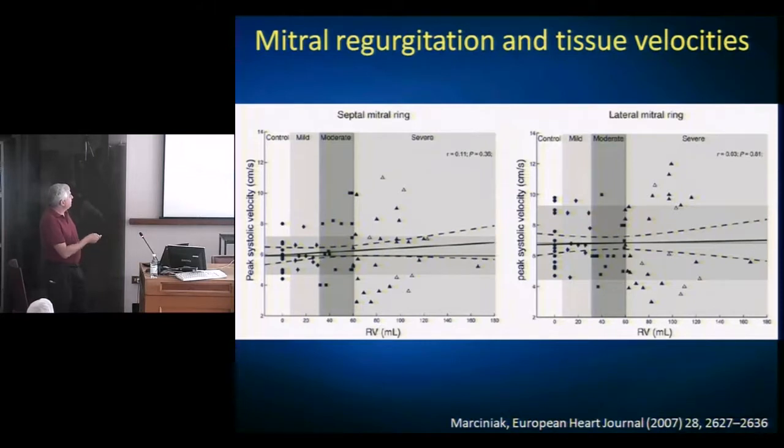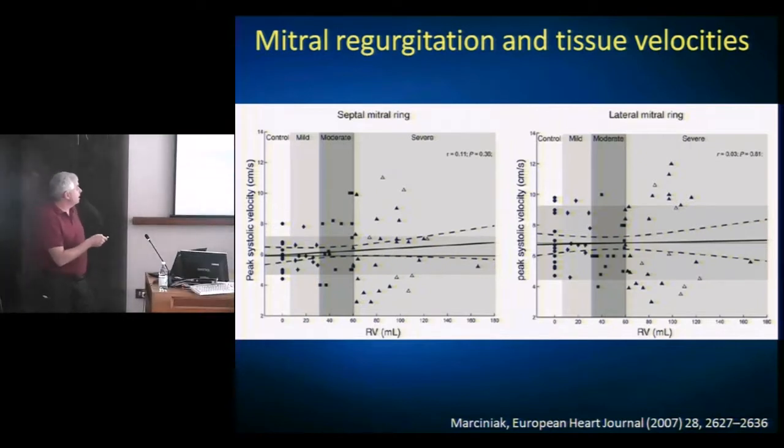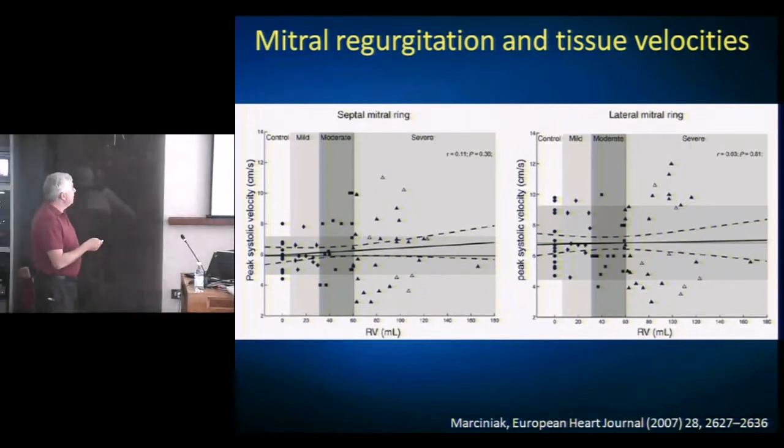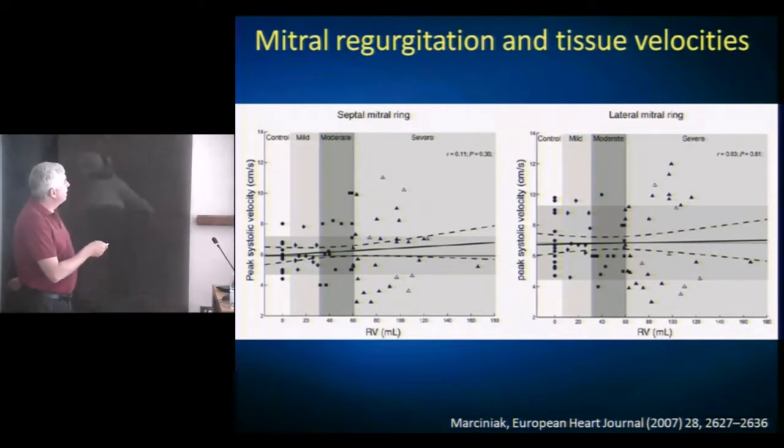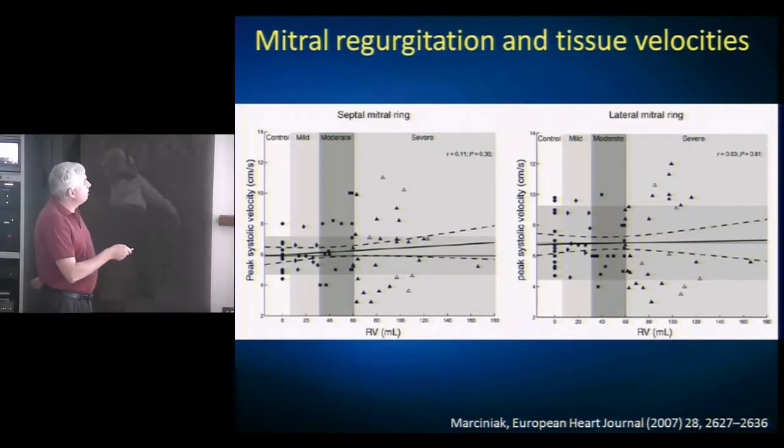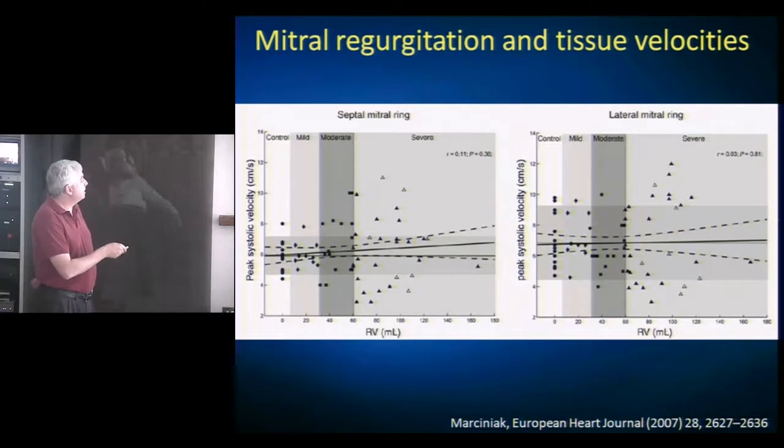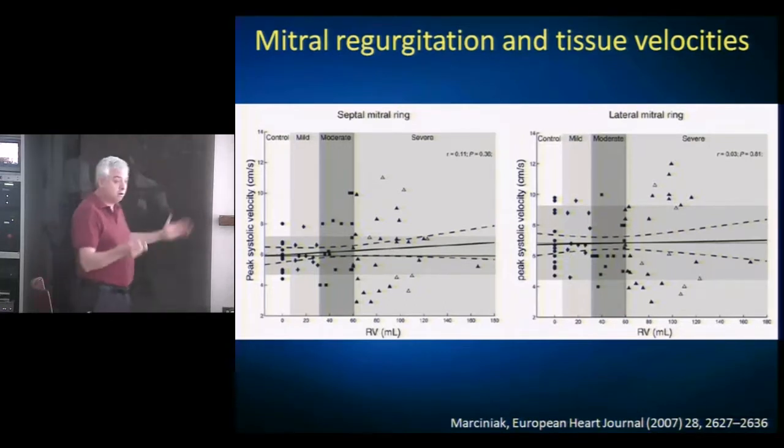And then here in these gray bars are the normal areas of systolic velocities for the septal and lateral ring. And you can see that if you are mild or moderate, generally you are in normal values, except for a few patients. But when you get to the severe regurgitation, there is a scatter. Some are supranormal, some are within normal, and some are less than normal.